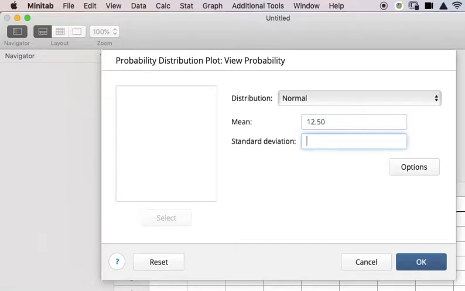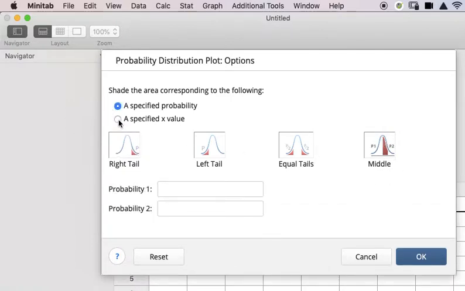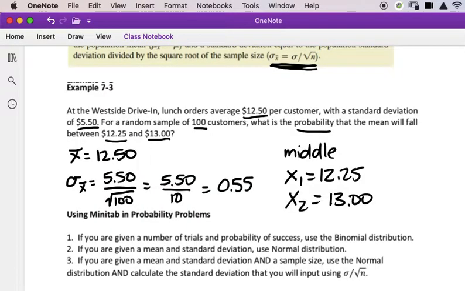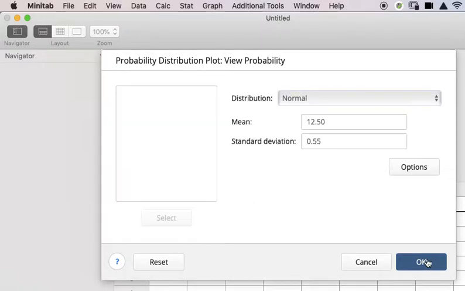We have to enter the corrected standard deviation that we calculate by dividing by the square root of the sample size. Click on Options. We're going to use middle, specified x value, and our two x values are 12.25 and 13. Click OK.